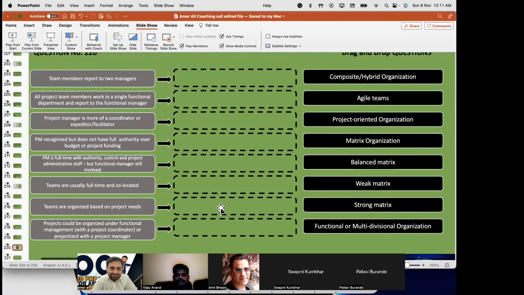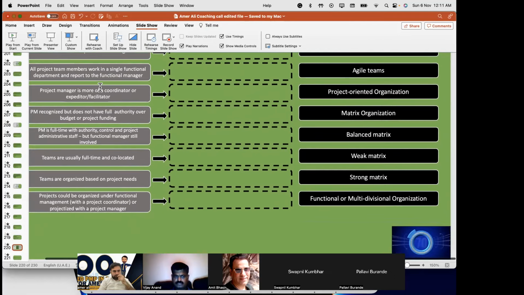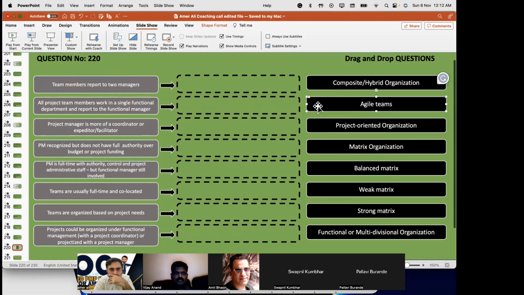So, composite hybrid organization: agile teams. Agile teams are usually full-time and co-located.